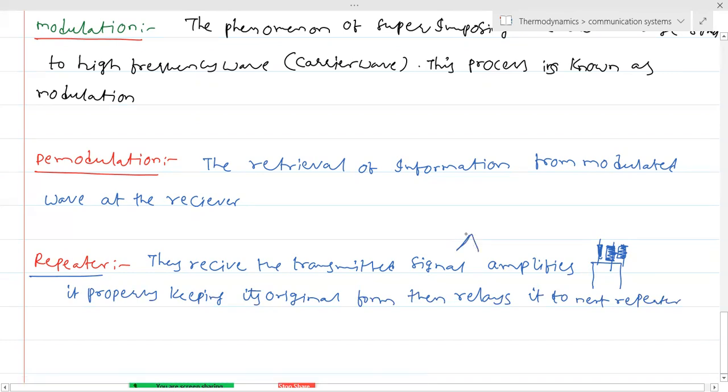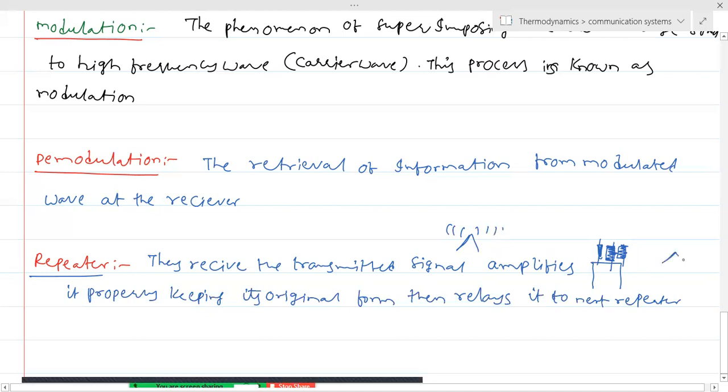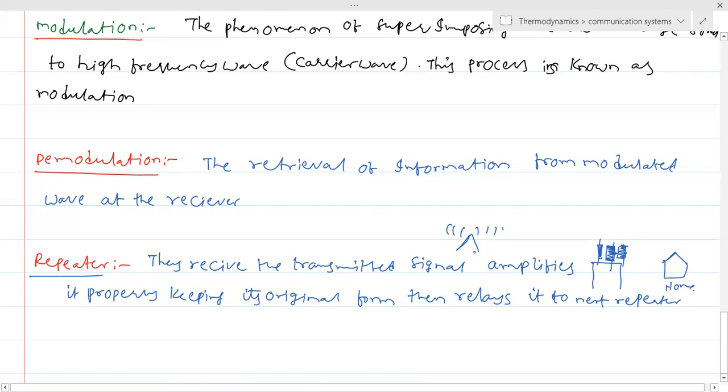For example, when we are thinking of mobile communication, let us say this is the tower, and the tower is very far away from our home. Between that tower and our home, we have small tube-light-like structures over the buildings. They are called repeaters.